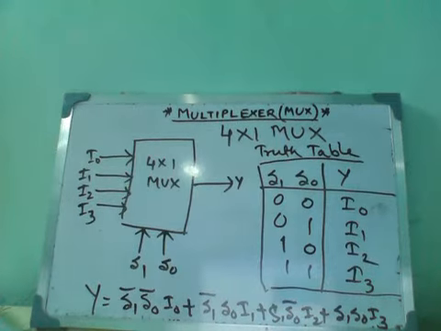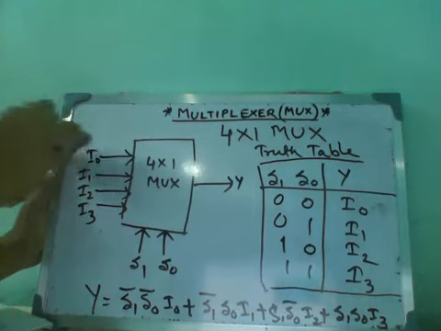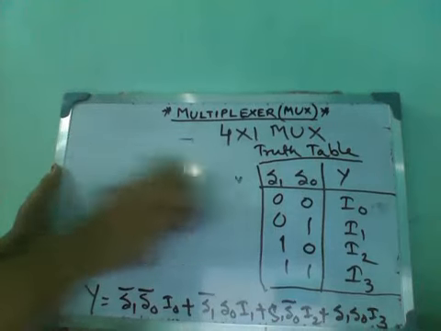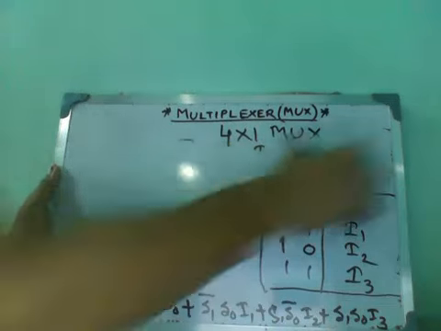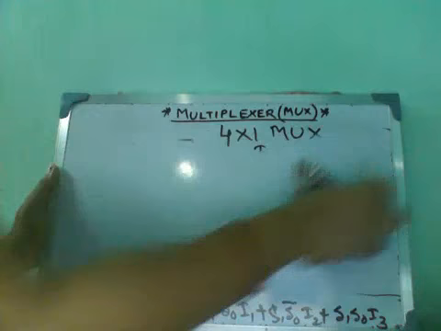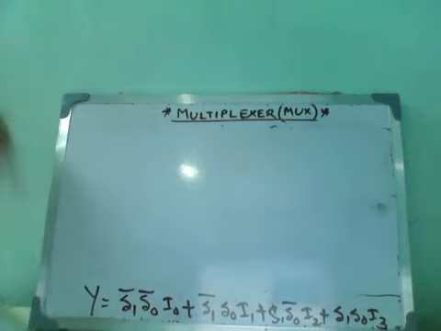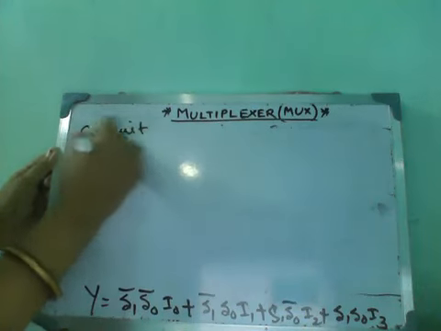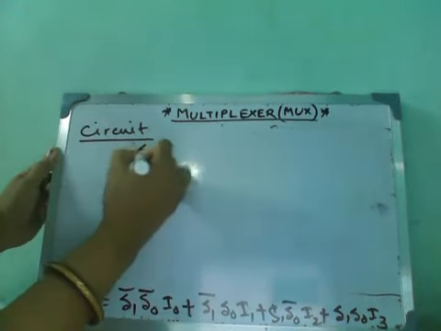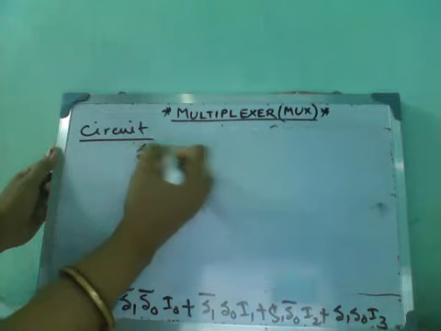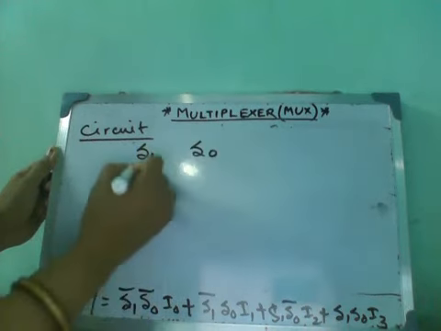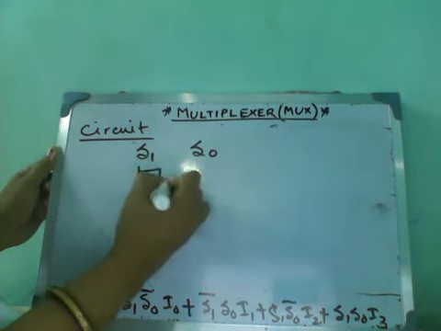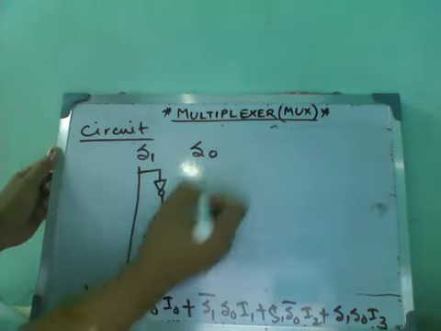Next we draw the logic circuit, that is very important. First we take the select lines S1, S0. For the complement of S1 and S0, we take the NOT gate.